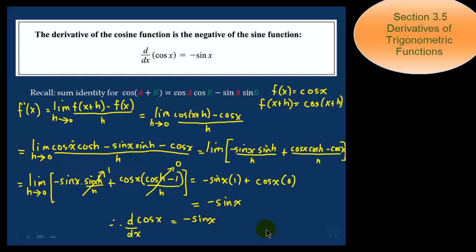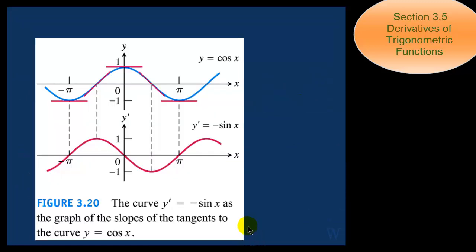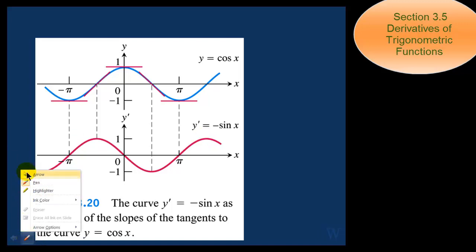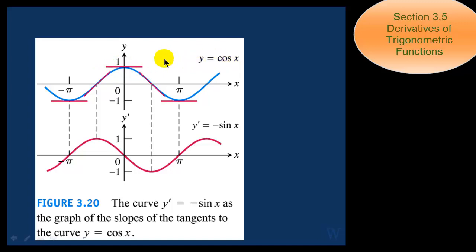Graphically, what would that mean? Let's look at this slide, and let's examine, of course, the slopes of the lines tangent to the curve of cosine of x. Where there are horizontal slopes, or zero slopes for horizontal tangent lines, that would mean that the derivative function would be crossing the x-axis.